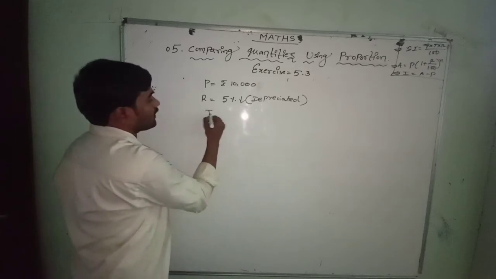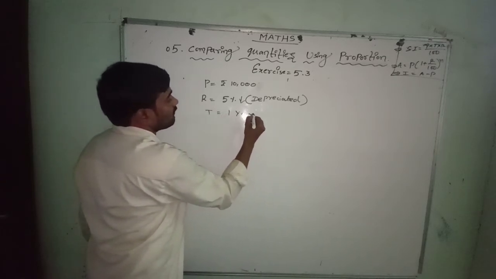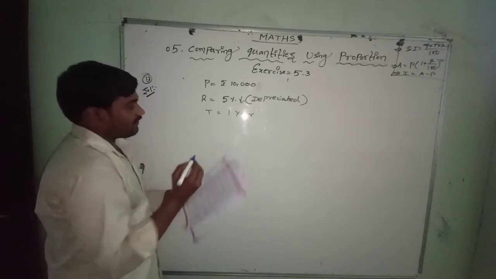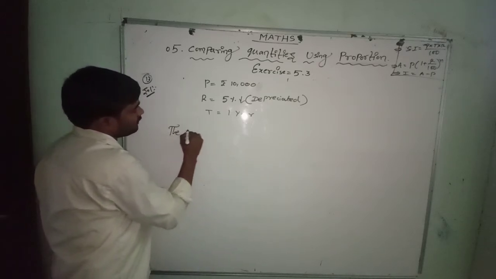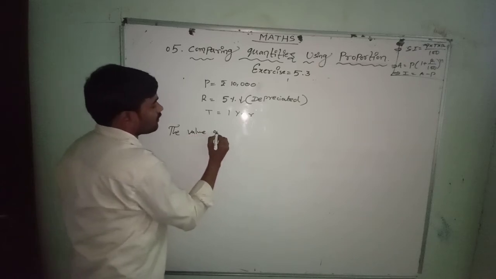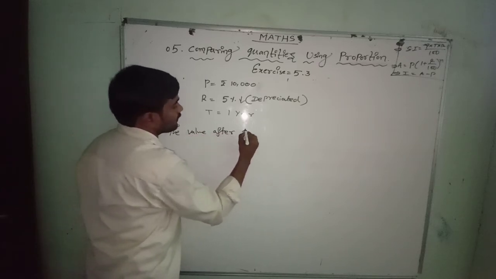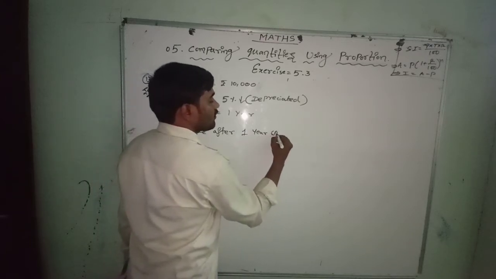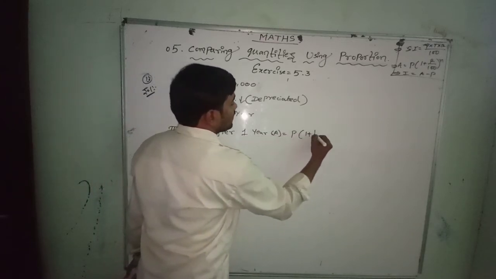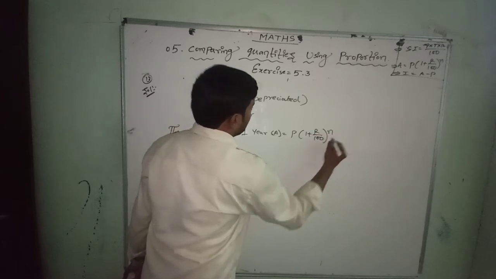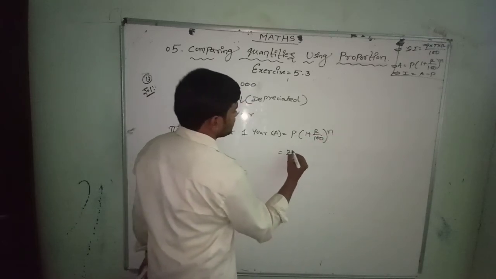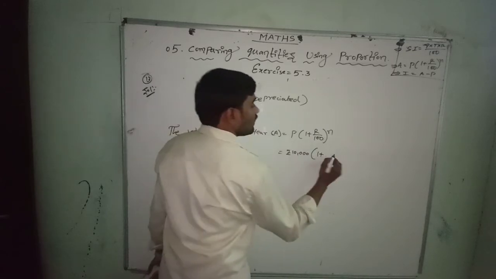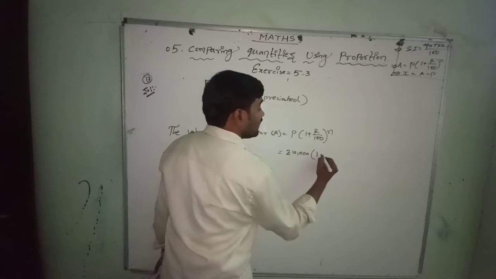So time t equals 1 year. The value after 1 year is equal to, we have to use only the amount formula: P of 1 plus R by 100 whole to the power of n. P is rupees 10,000, plus R. Sorry, minus here because it is depreciated.